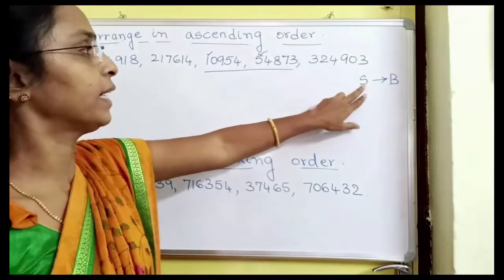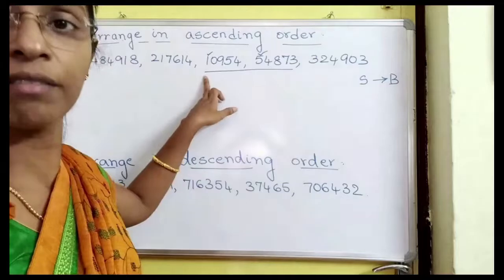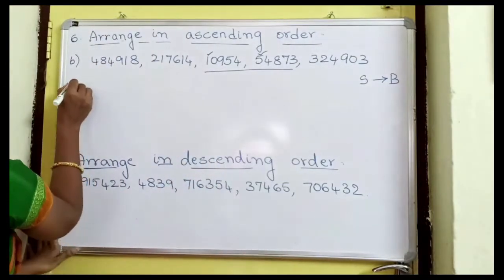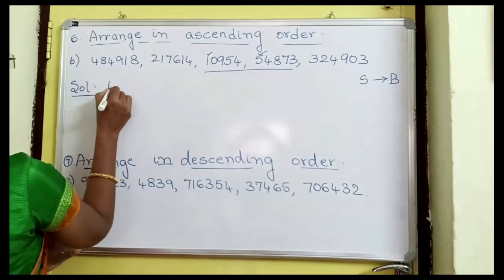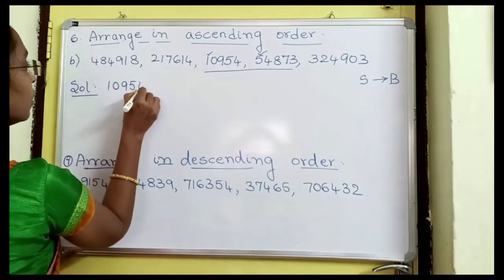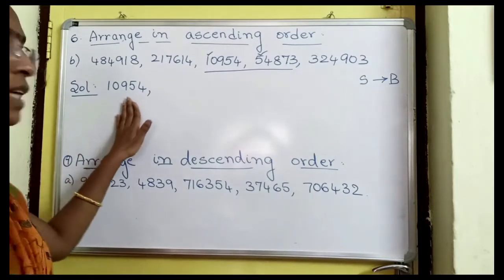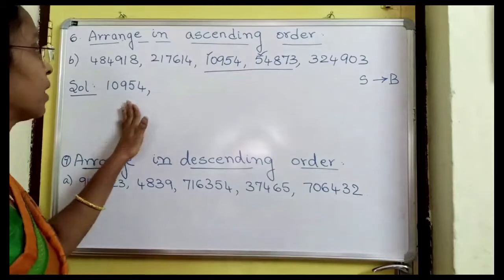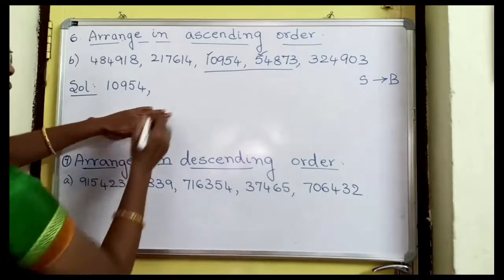You have to write the smaller number, so the smaller number will be the number starting with 1. Write it down. This will be the first number. Then the next bigger number will be the next 5 digit number.